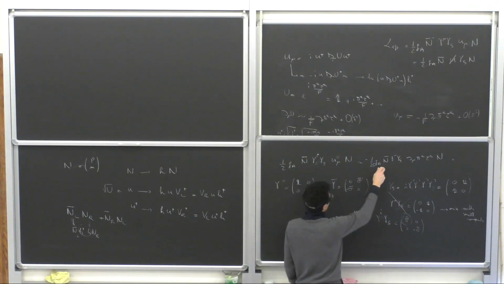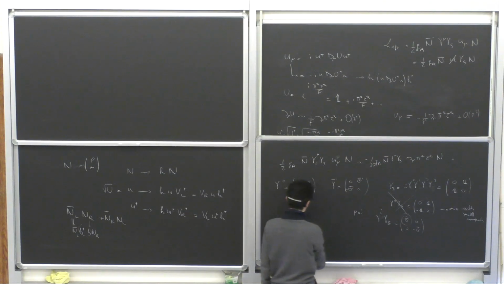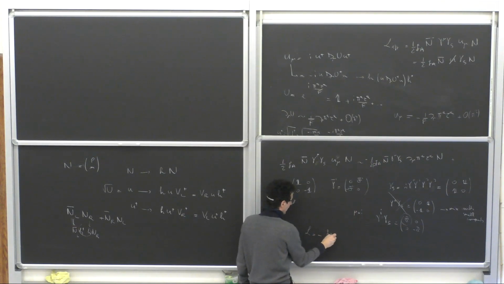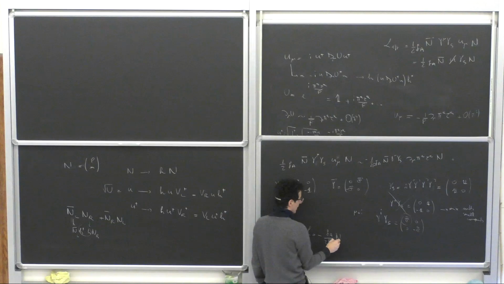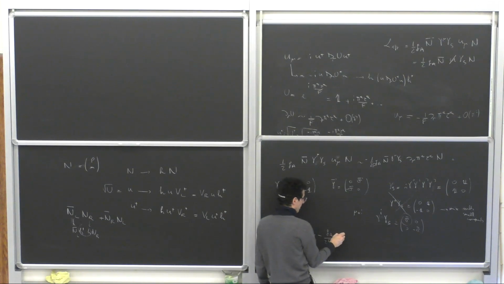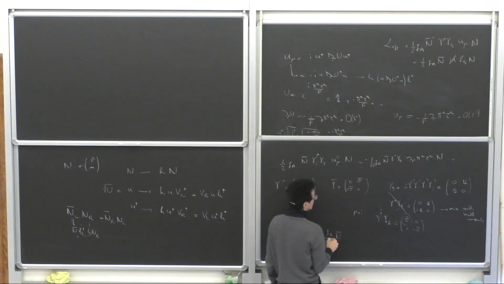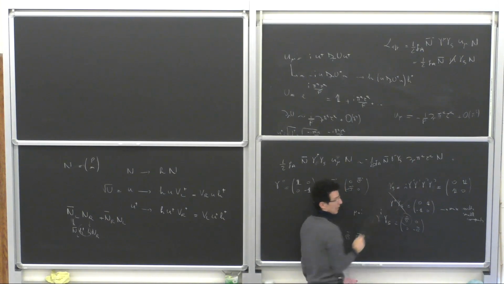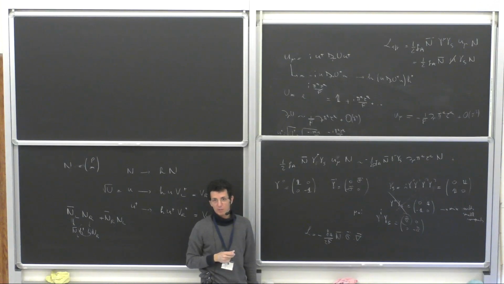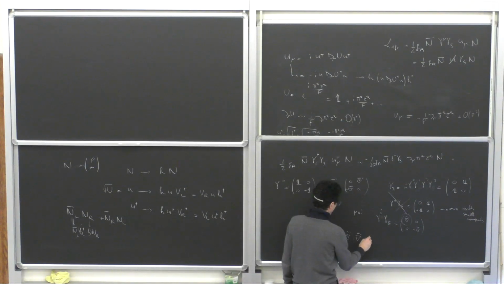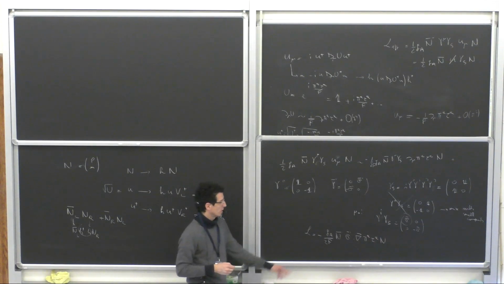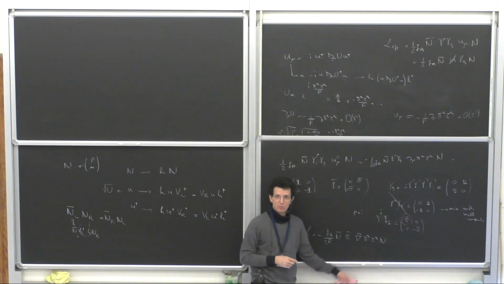And the non-relativistic reduction of this term in the effective Lagrangian is the coupling constant GA over twice F, then N dagger, then sigma, then the space-like derivative, which is the gradient of the pion fields, tau matrix, N. So this is a coupling of nucleons with pions of derivative type.